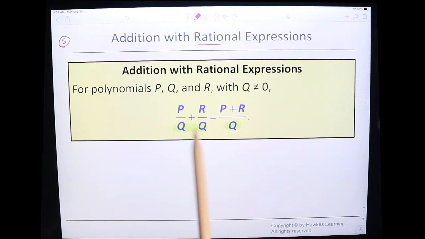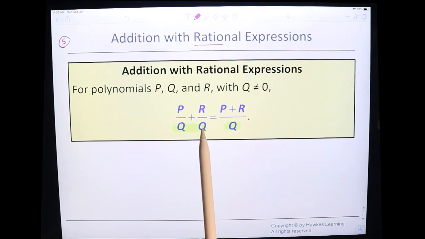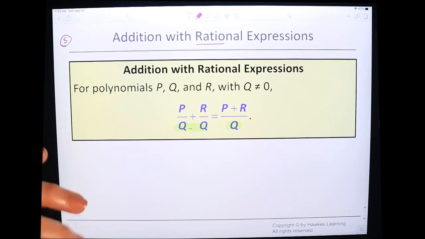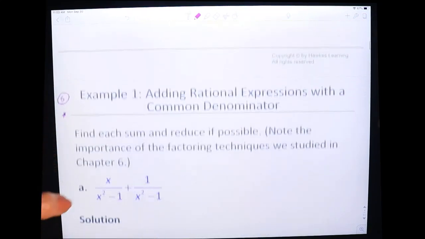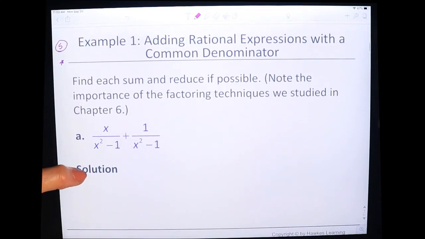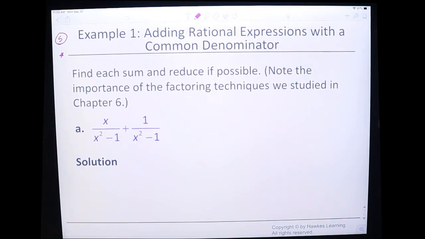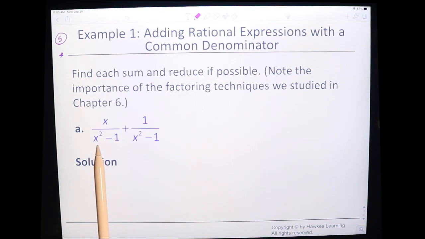So when we add rational expressions, we're going to be looking to have a common, same, matching denominator, which we're going to hold on to, and then we're going to be adding just across the numerator. So here's our first example, and as you look at this, the first thing I want you to notice is that it is addition, and the second thing I want you to notice is that the denominators do match.